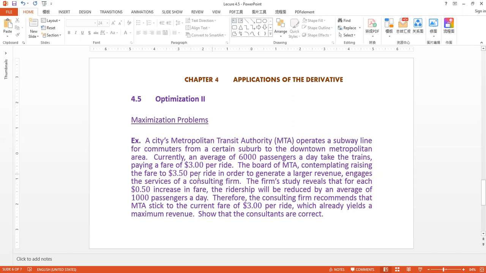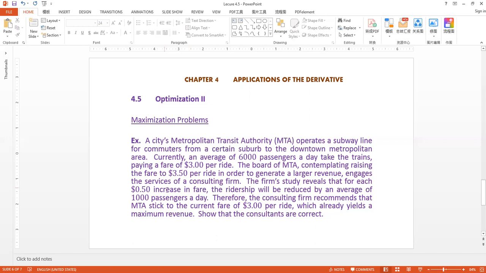They're not sure whether this increase of the price of fare will result in an increase in the revenue, so they need to ask the consulting firm. The firm did a study, and it reveals that for each 50 cents increase in fare, the ridership will be reduced by an average of 1,000 passengers a day.